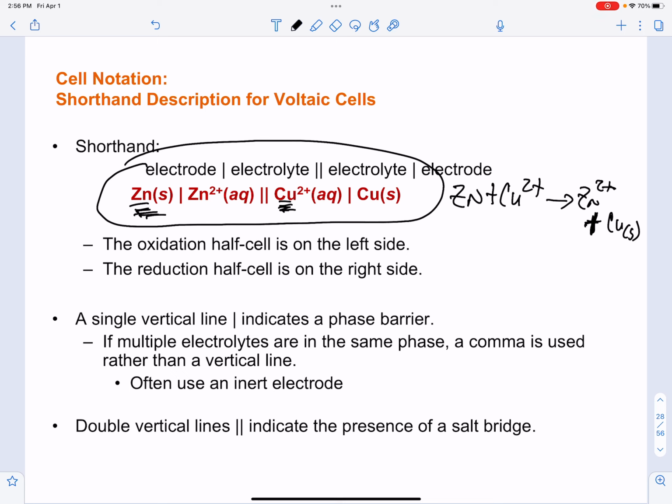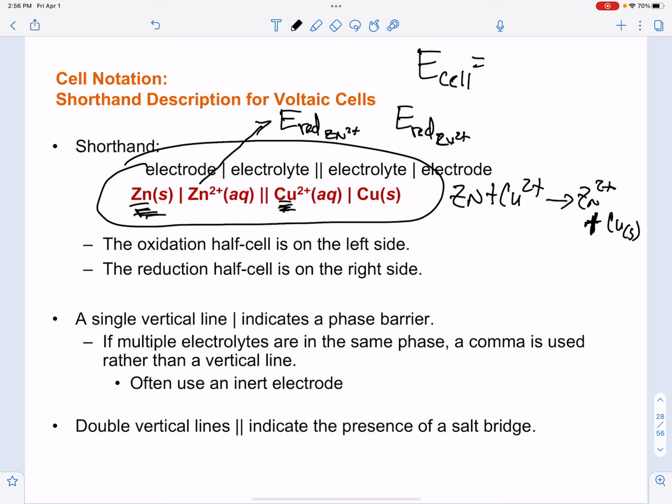And if you know the reduction potential of this one, and you know the reduction potential of this one, then you can find the voltage of the cell.